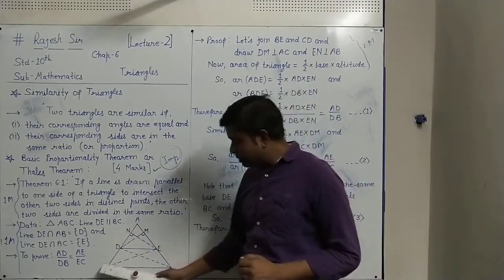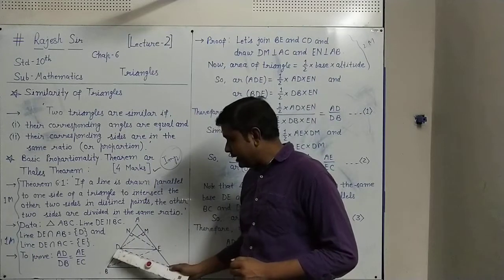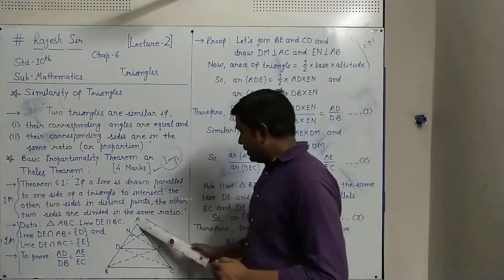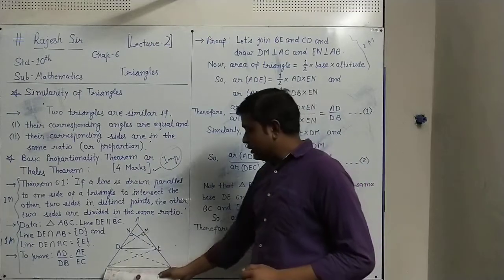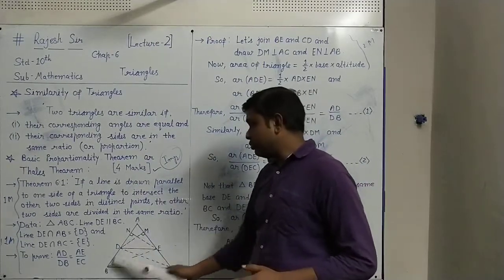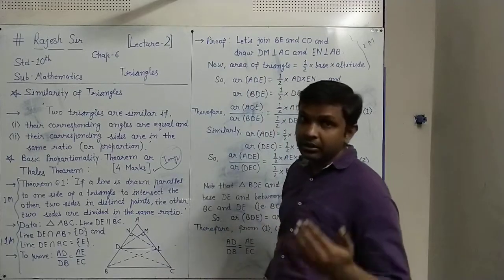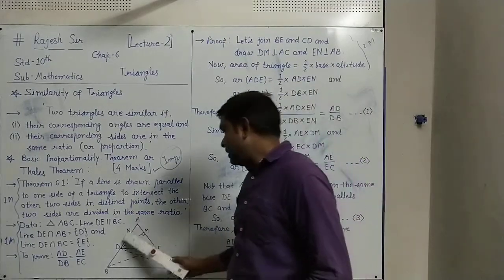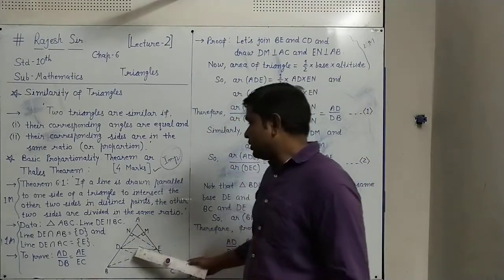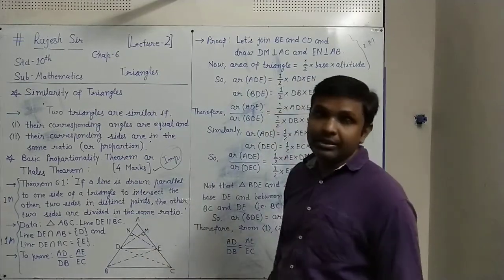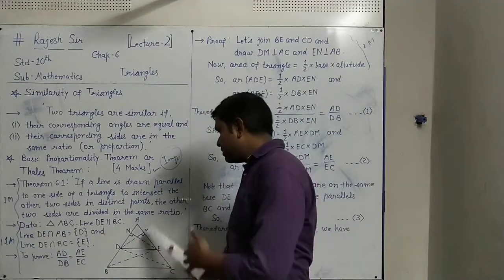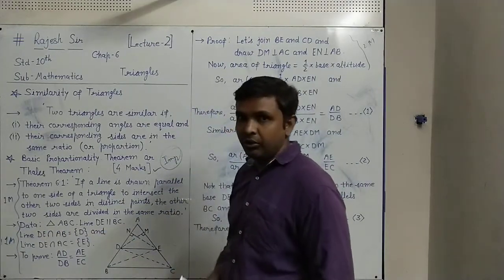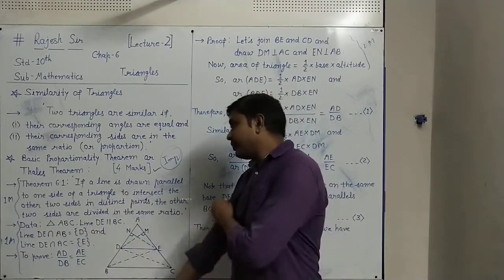AB is divided by point D as AD and DB, and AC is divided by point E as AE and EC. So the two sides are divided in the same ratio, that is AD upon DB is equal to AE upon EC.